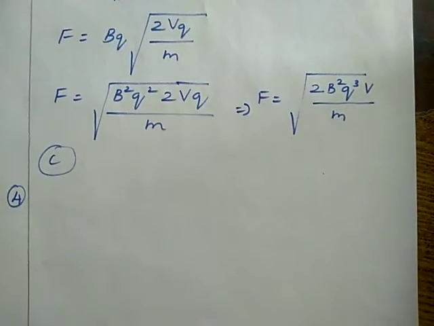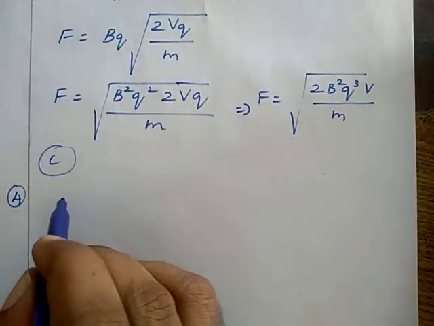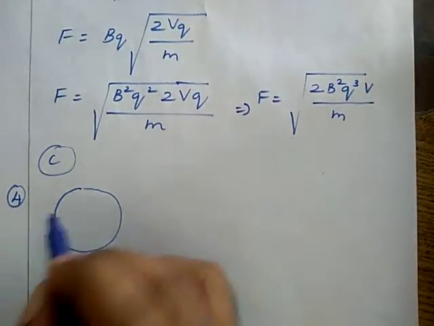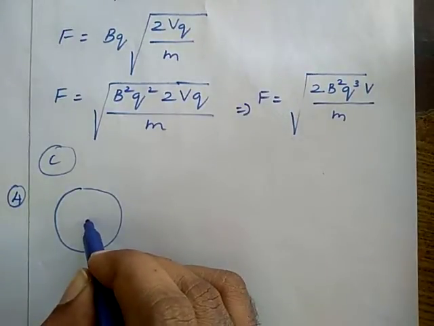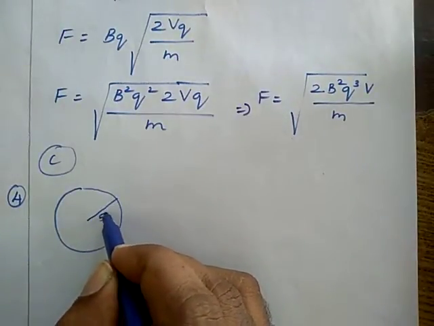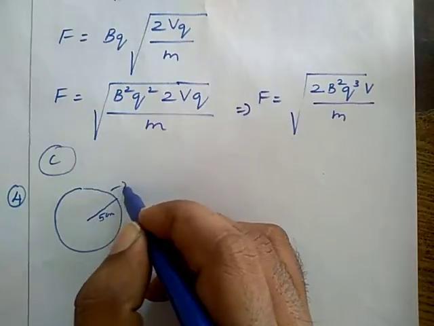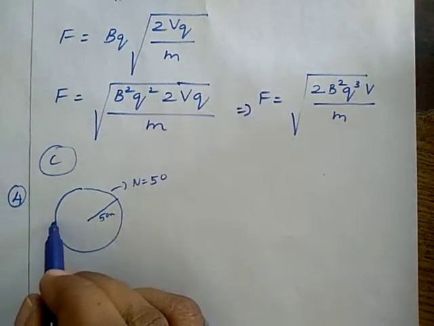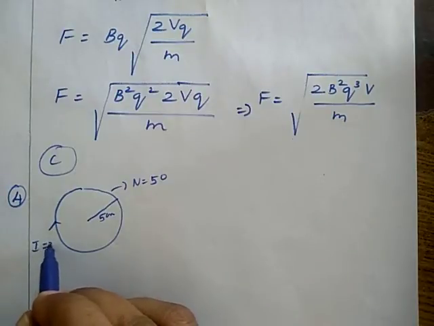Okay, we know the topic current loop as a magnetic dipole. Here this is a circular coil having the radius 5 cm. The number of turns n is equal to 50. Then the current flowing through the loop is I equal to 3 ampere.